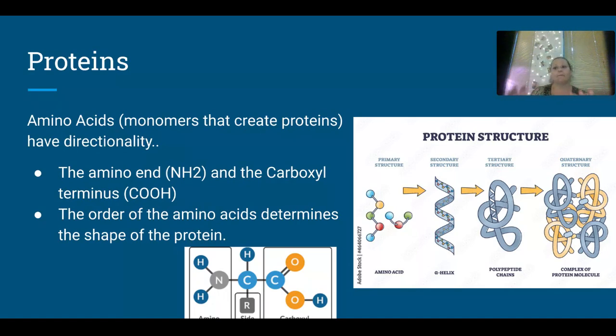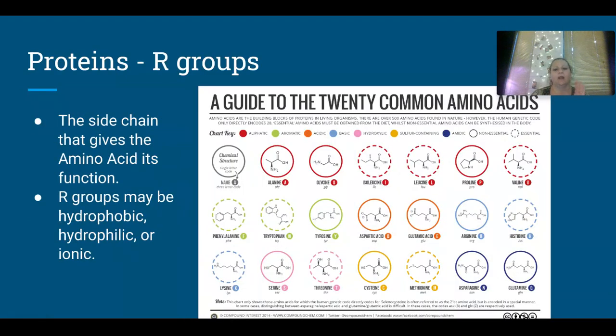These are complex molecules, but it's all determined based on the amino acids that are present and the order in which those amino acids are placed. Those side chains that we talked about that make the amino acids what they are may be hydrophobic, hydrophilic, or ionic.